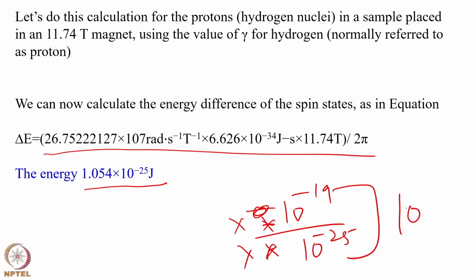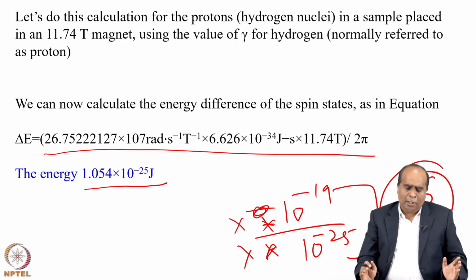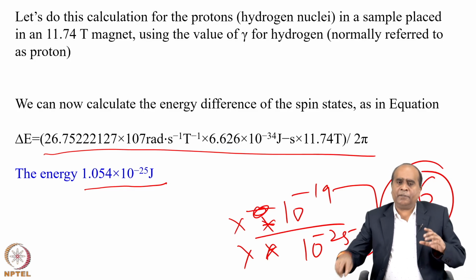So, there is at least 10 to the power 6 times more energy gap in electronic state spectroscopy compared to nuclear state spectroscopy, and therefore you require powerful radiation to irradiate that. That is the energy gap we are seeing between the electronic state and the nuclear state. So, to sum up, an electromagnetic wave that we are using can be used to do multiple kinds of spectroscopy.